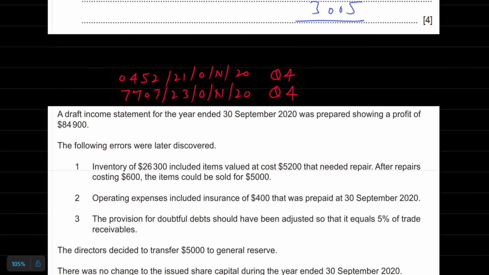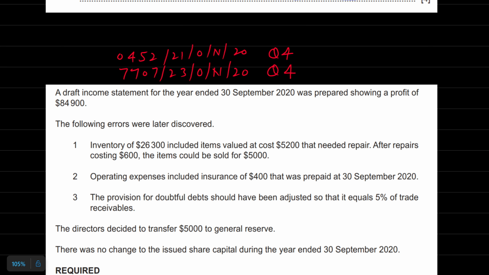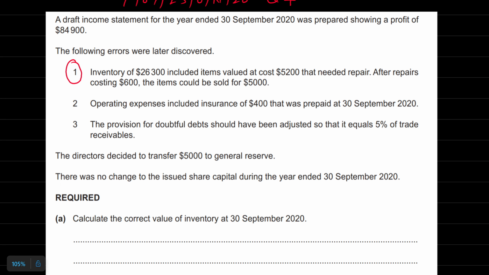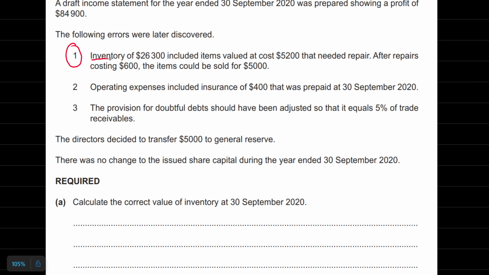Now students, let us move to the next question. October-November 20, variant of IGCSE is 2-1 and variant of O-level is 2-3. Question number 4. Only one part is related to inventory valuation. As they have discussed, they have inventory in total costing 26,300.